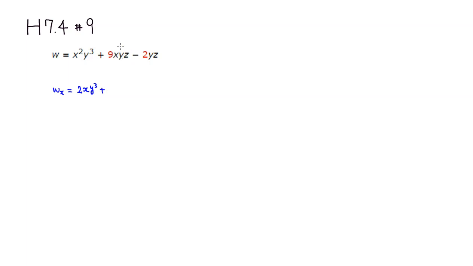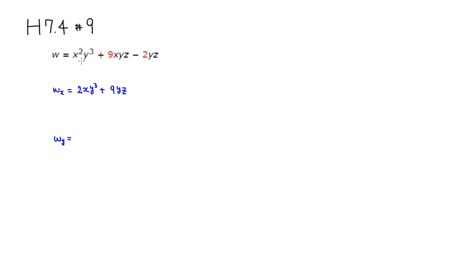Partial derivative of x with respect to x is 1, so you have 9yz. And here it has no x, so this is considered to be a constant. Partial derivative with respect to x is 0. So we have that.